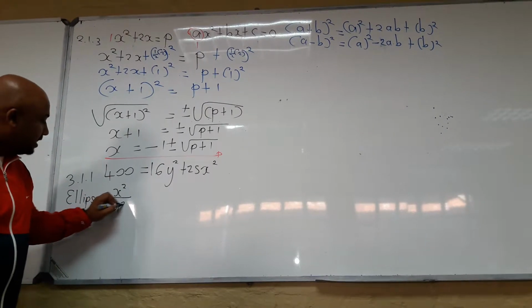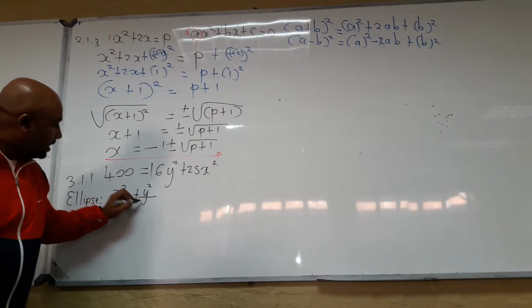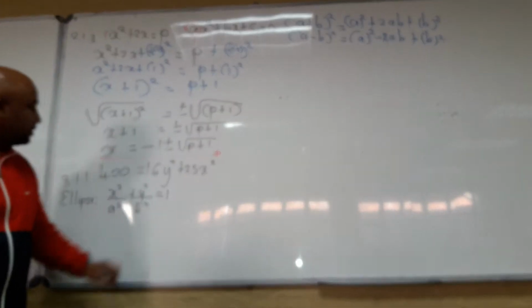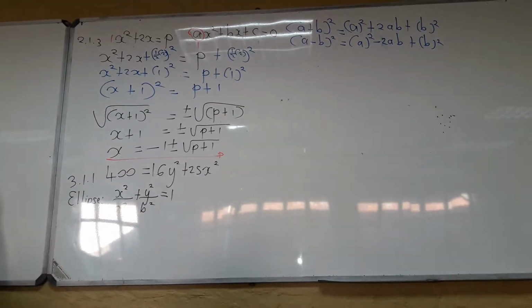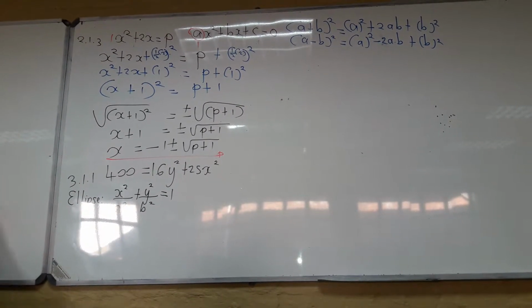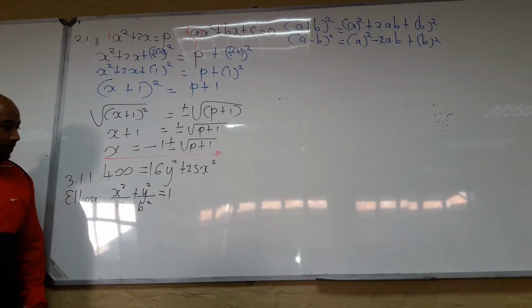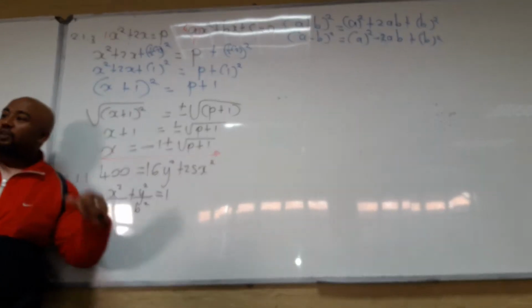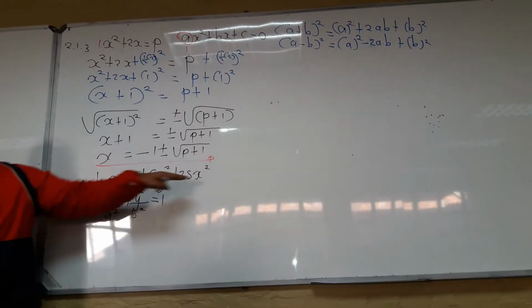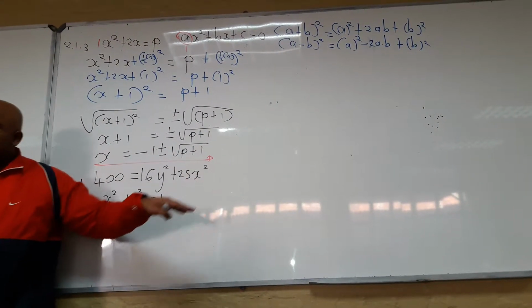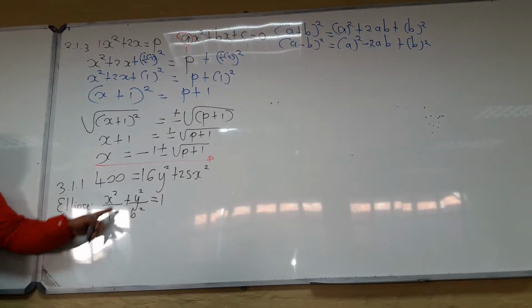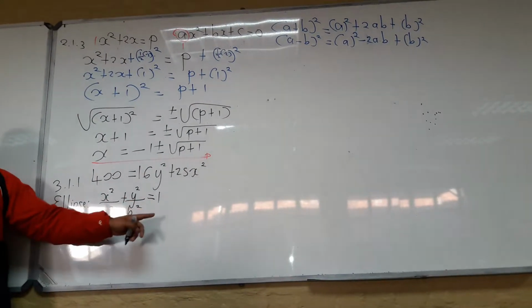It's x squared over a squared plus y squared over b squared is equal to 1. Okay. Now, you can see there's a plus sign separating the two terms. So now, what you can do is, you can go and try and rewrite this whole equation in the form x squared over a squared plus y squared over b squared is equal to 1.